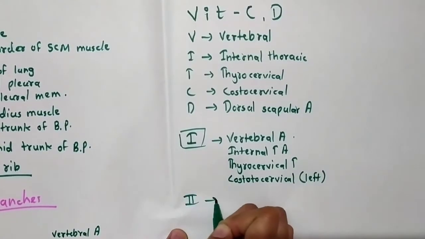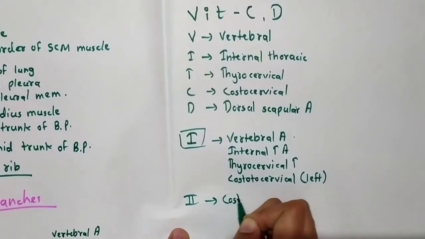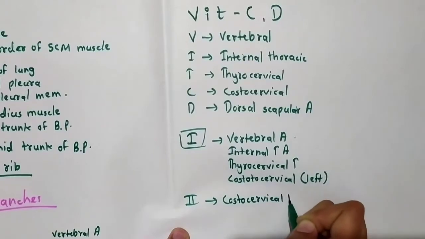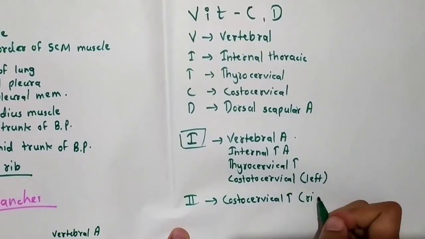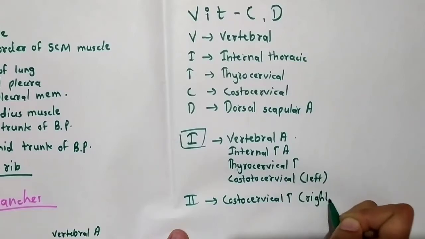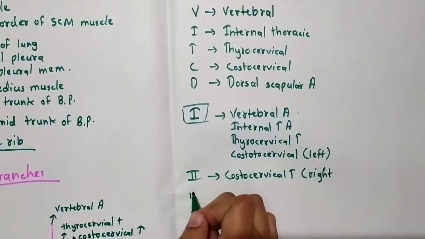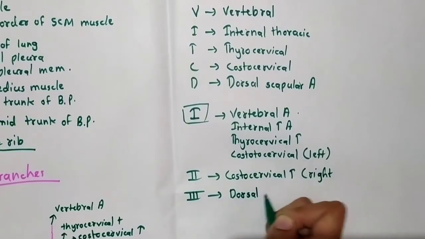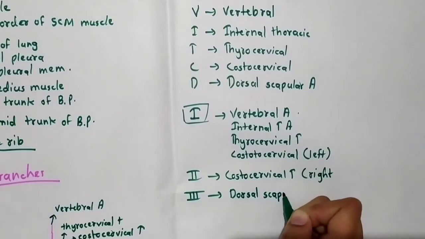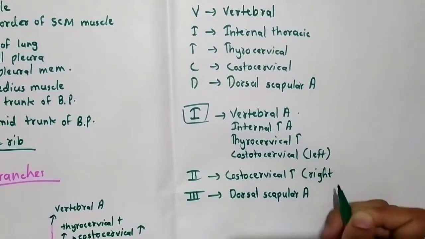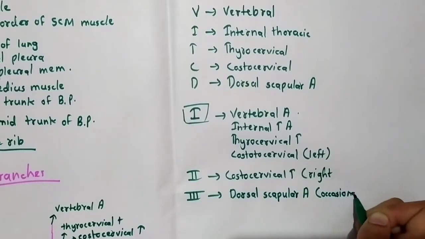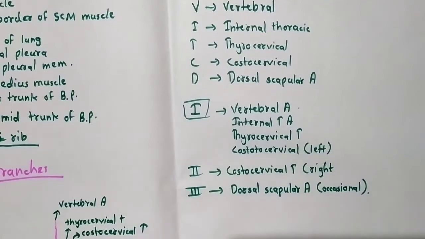From the second part, the costocervical trunk on the right side only. And from the third part there is the dorsal scapular artery, which is occasional.